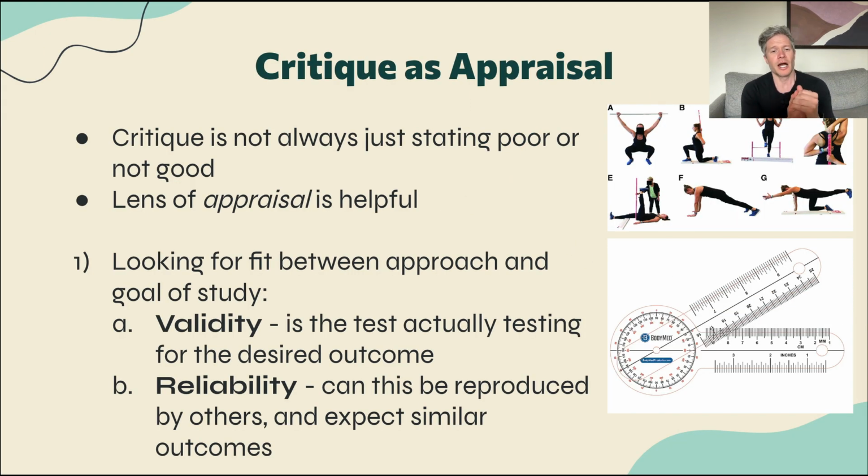So critique as appraisal. I think that's my key point for this: you're not just looking at the negative parts of a study when you're looking at critique, okay? You're also looking at positive aspects. So again, looking at not just the poor or lacking parts of a study, but the good stuff.